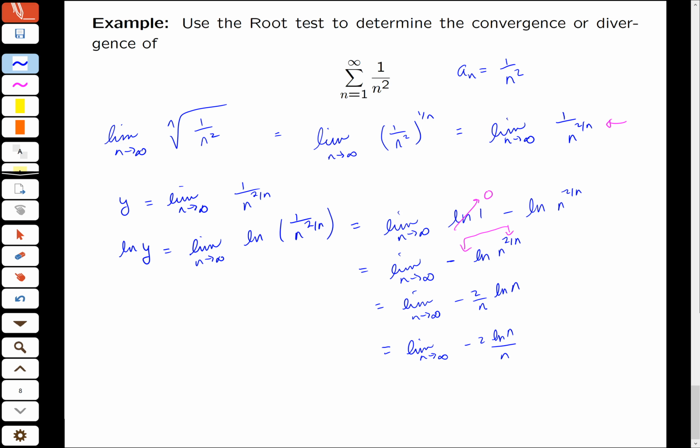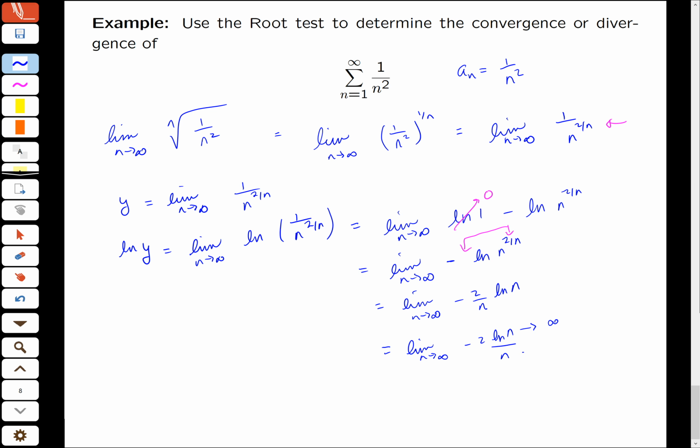That minus 2 is a constant. It's the natural log of n over n that I'm worried about. Where does the natural log of n go as n goes to infinity? Infinity. The logarithmic functions are our family of slowest increasing functions. It does go to infinity, but it's the slowest one to go there.